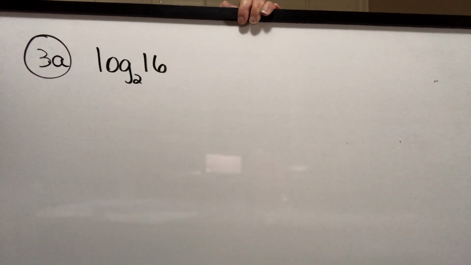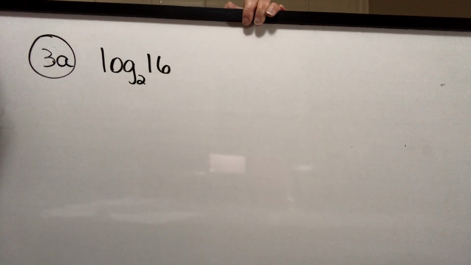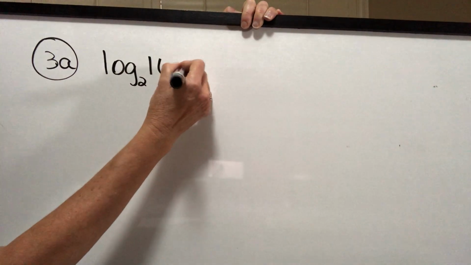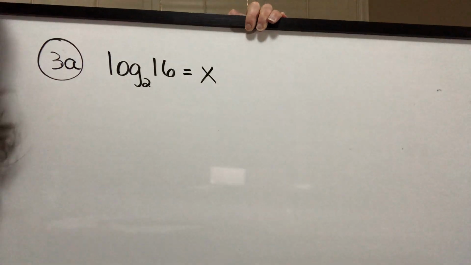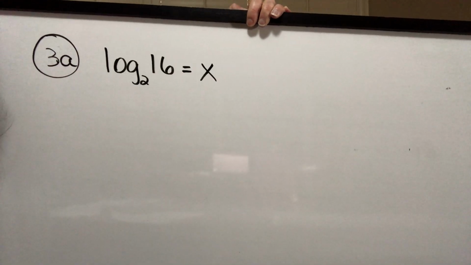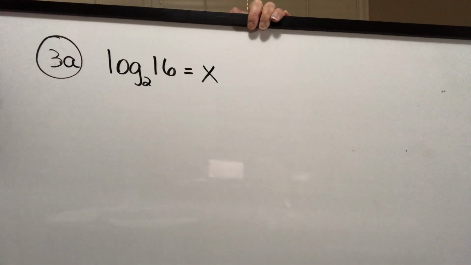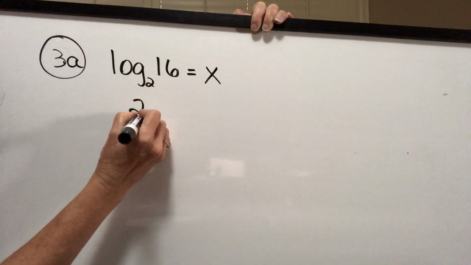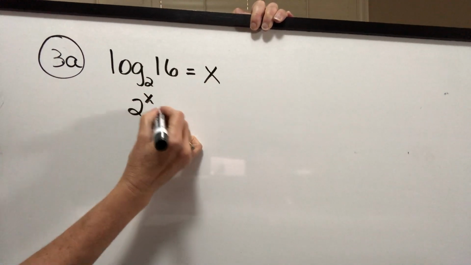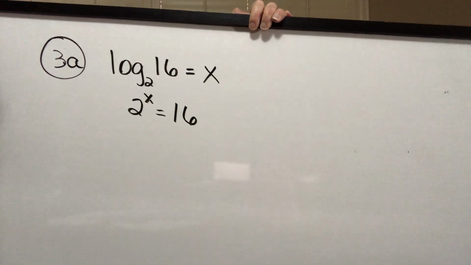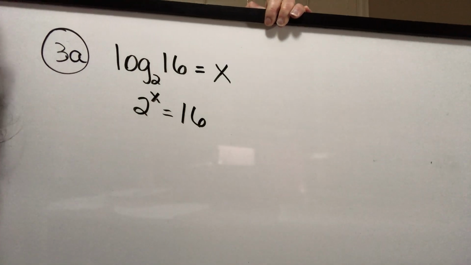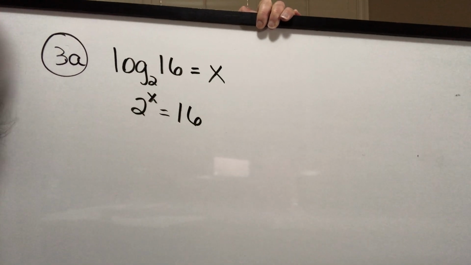So what we're going to do is, even though it doesn't look like an equation, you can always say that that is equal to a variable, say x. And you can change it to exponential form. So you would have the base being a 2, raised to the x power is the answer 16. And you would have to figure out what power of 2 would give you 16.